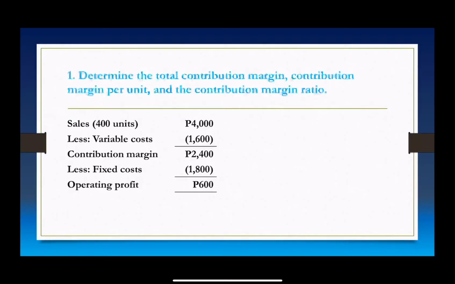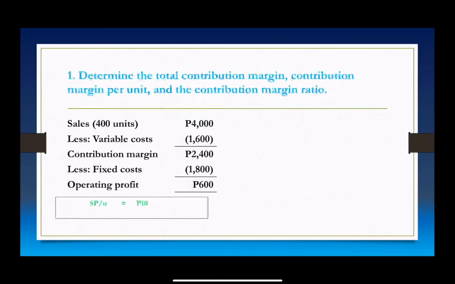Before we compute these 3 figures, let's compute first the selling price per unit, and that is 4,000 divided by 400 units. That will give us 10 pesos per unit.